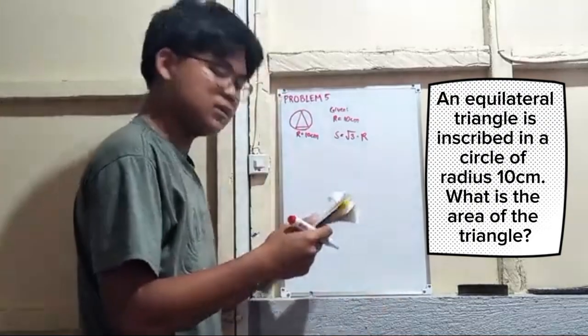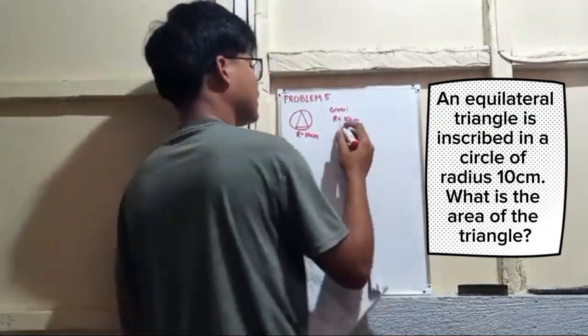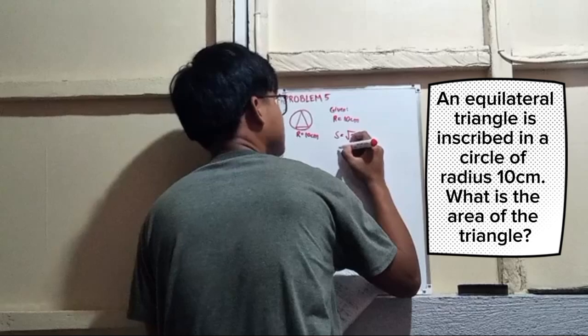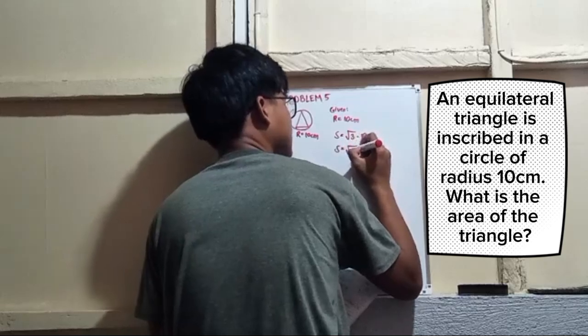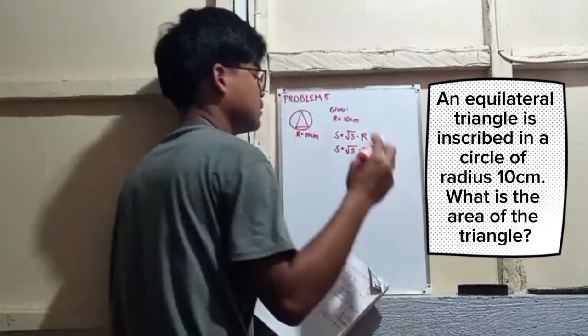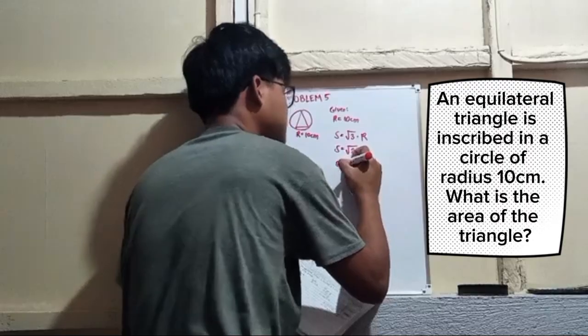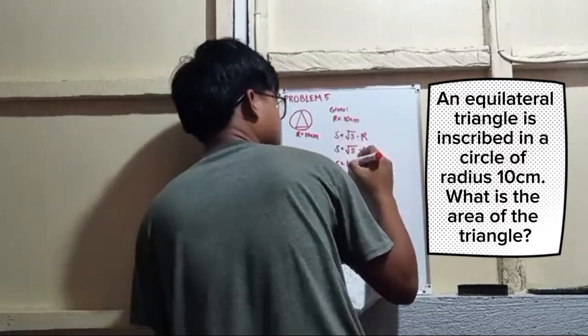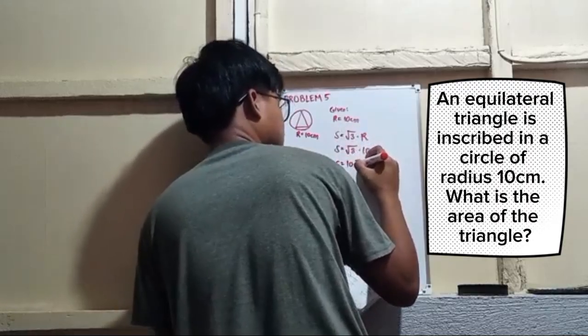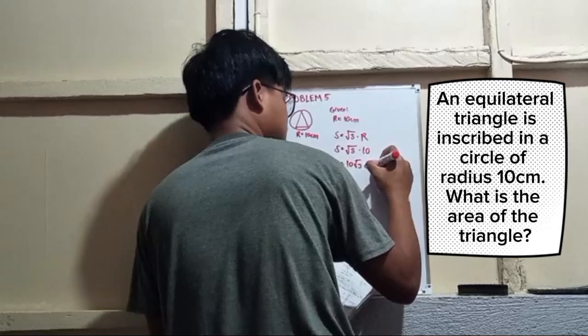We will substitute the given circumradius, square root of 3 times 10, and we will get the value of the side S, 10 square root of 3 centimeter.